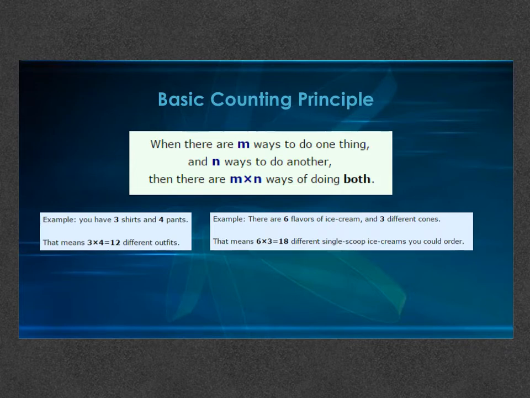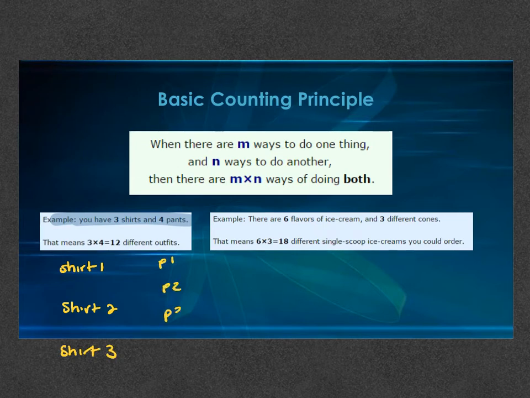You'll see something like, you have 3 shirts and 4 pairs of pants. How many different outfits can you get? You could go the long way: I've got shirt 1, shirt 2, shirt 3, and pant 1, pant 2, pant 3, and pant 4. I can wear shirt 1 with pant 1, 2, 3, or 4.